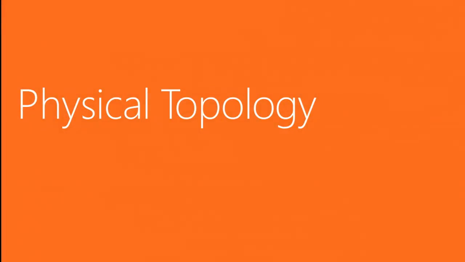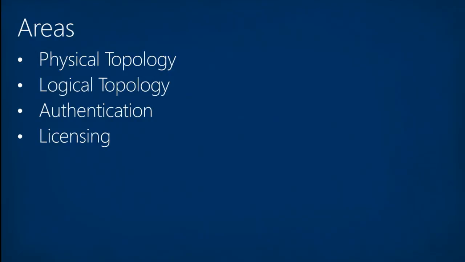So the areas that we're going to cover are, we will have an overview of the physical topologies and understanding things like number of machines and farms. And then we will move more to a logical topology where we are talking about web applications and zones and application pools.